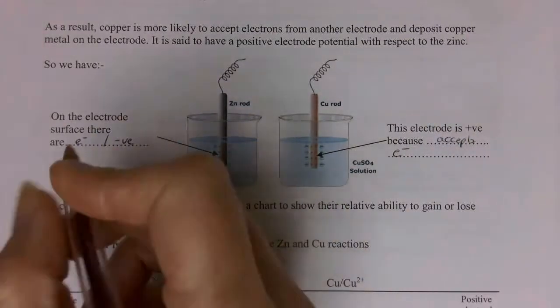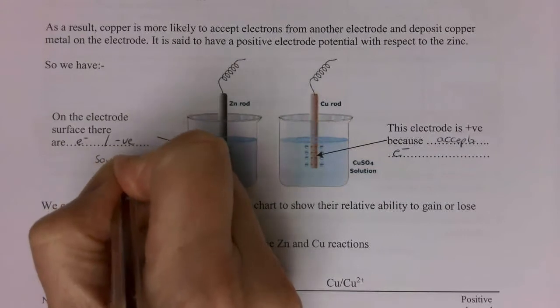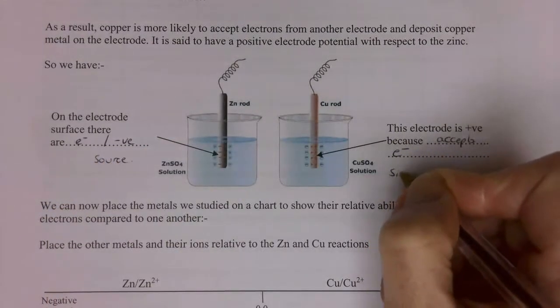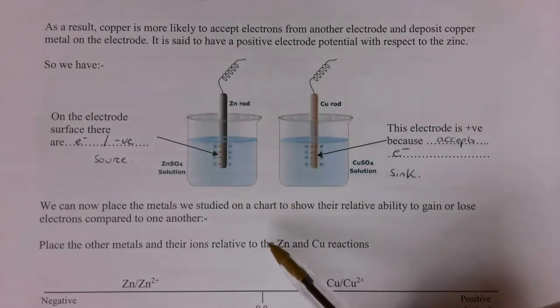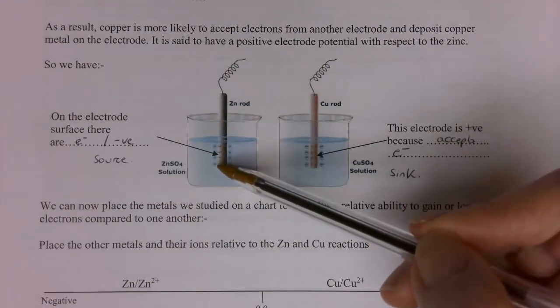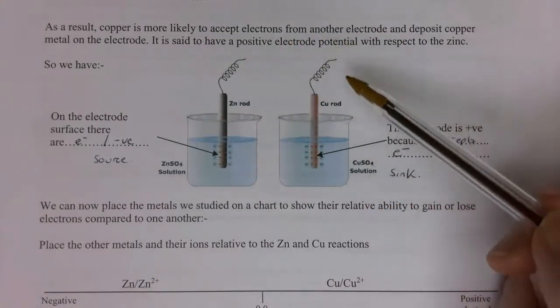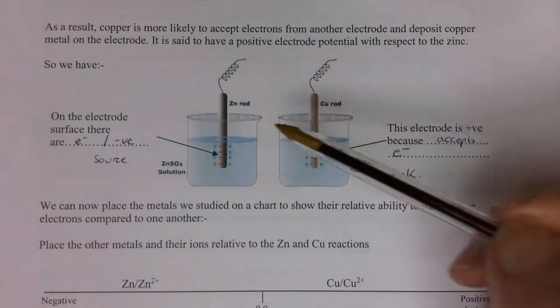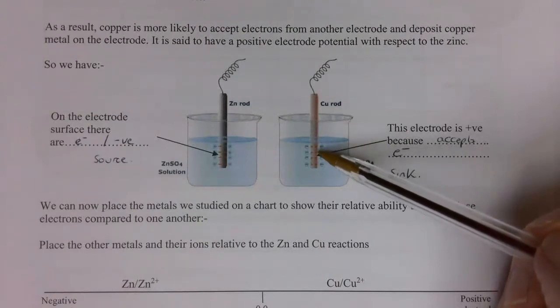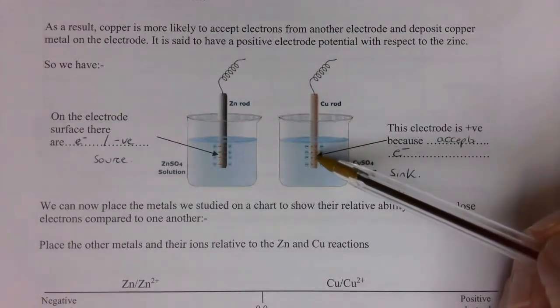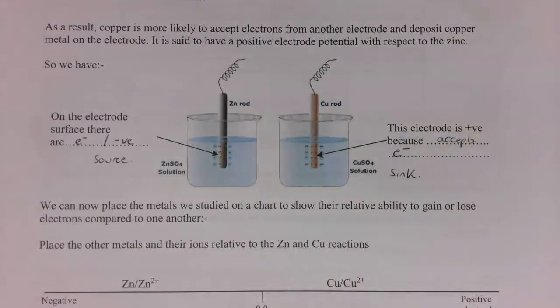So I have my source on this side and my sink on this side. And if I can connect these two half cells together, I should get my electrons to flow from my source around and on to my sink. And that flow of electrons, that's my current. And I can use that to power everything from a car to a mobile phone.